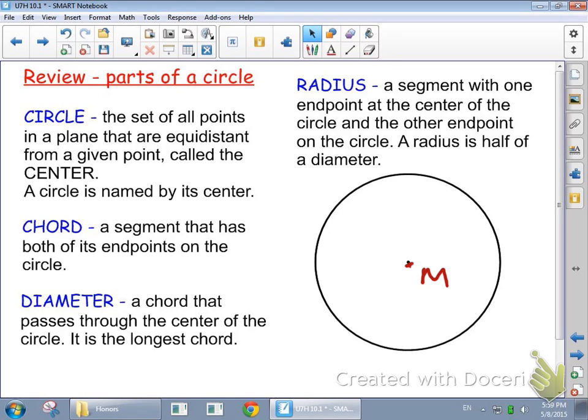A chord is a segment that has both of its endpoints on the circle. So I could draw in chord PQ. The diameter is a chord that passes through the center of the circle. It is the longest chord.